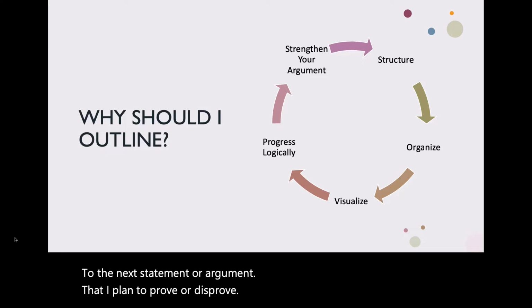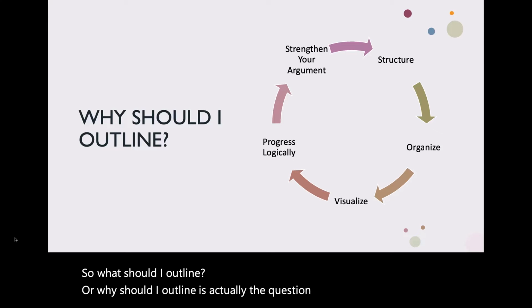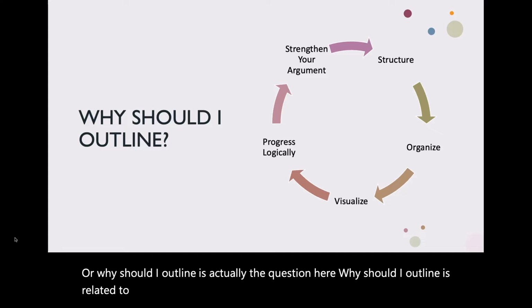And that's how we strengthen our argument. So what should I outline? Or why should I outline is actually the question here. Why should I outline is related to structuring, organizing, visualizing, progressing logically, and strengthening our argument.